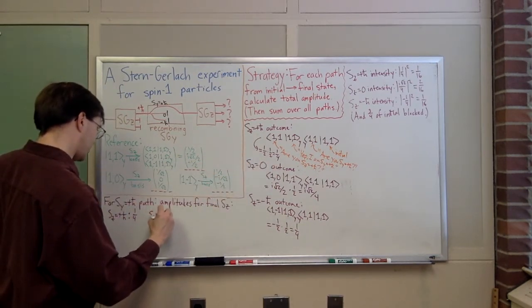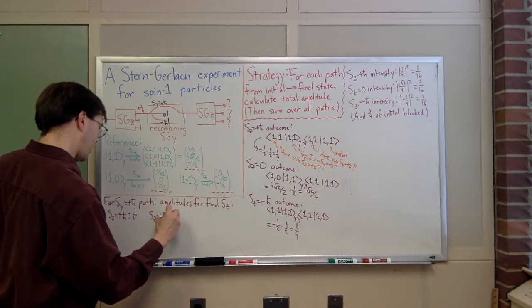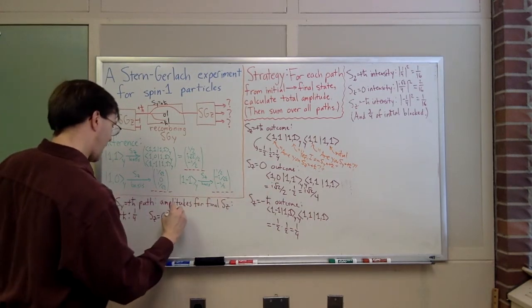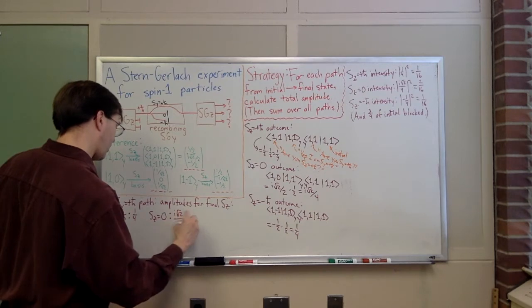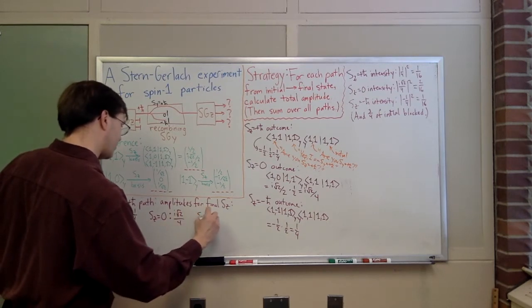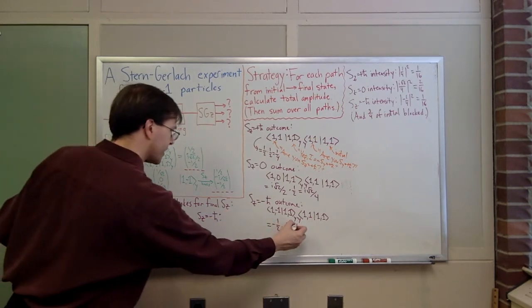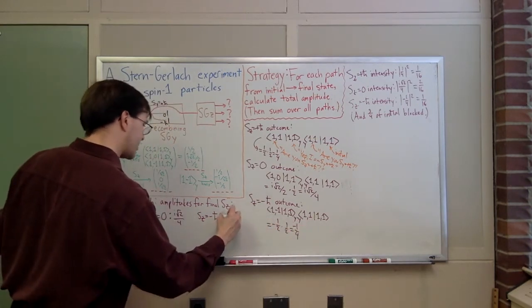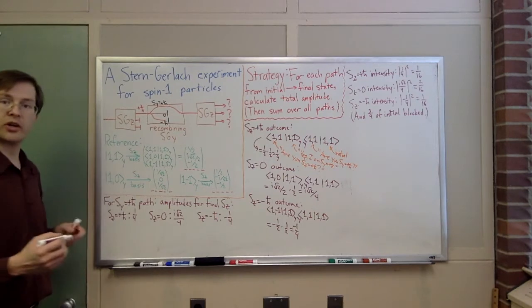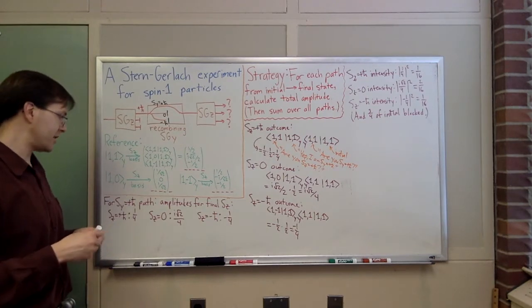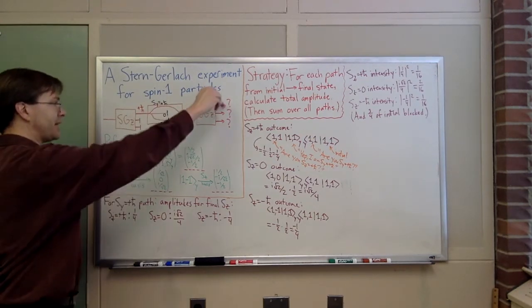Sz equals 0, our amplitude was i square root of 2 over 4. And Sz equals minus h bar, our amplitude, I left out the minus sign here, didn't I, was minus 1/4. That's what we came up with for those paths. So this was just taking this one Sy equals plus h bar path, getting those 3 things.